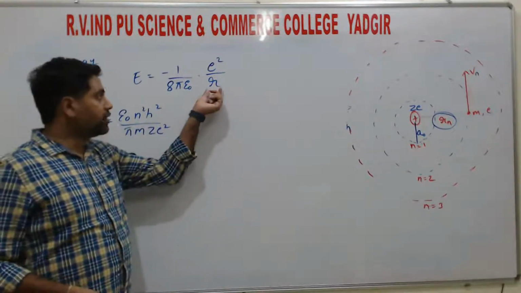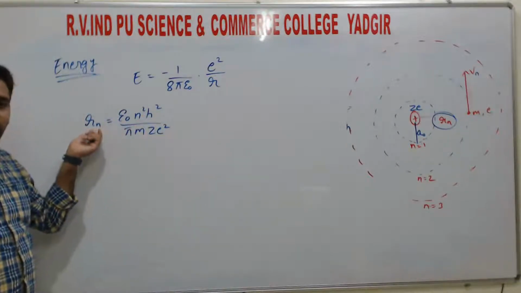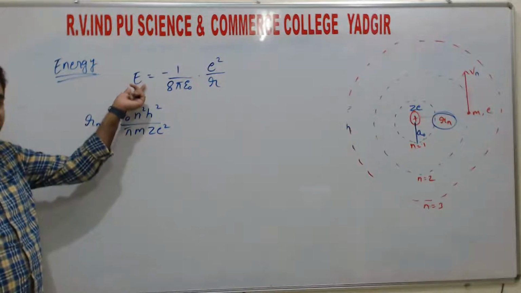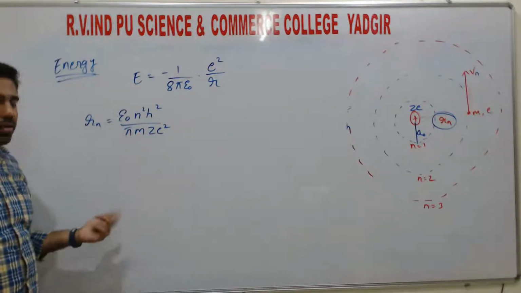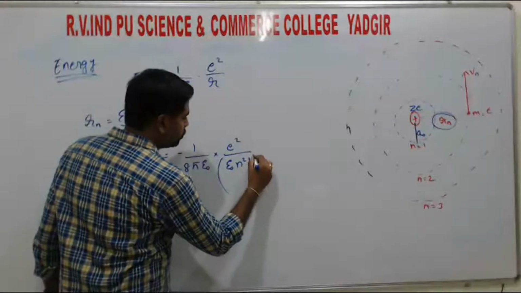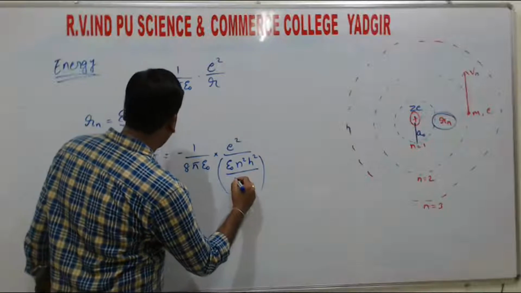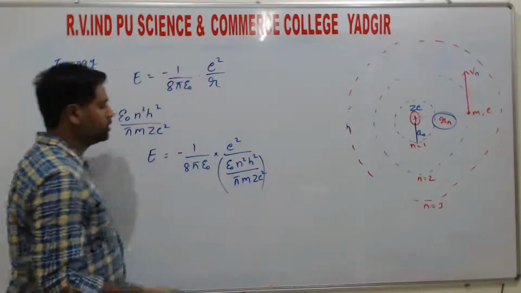Now we just need to substitute this value of Rn into the energy expression proposed by Niels Bohr.